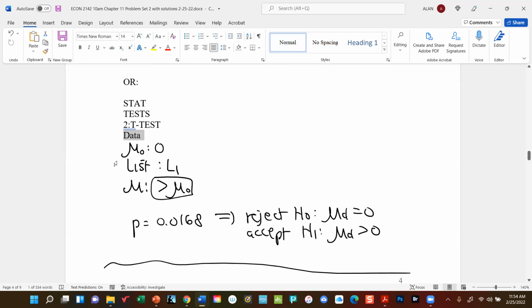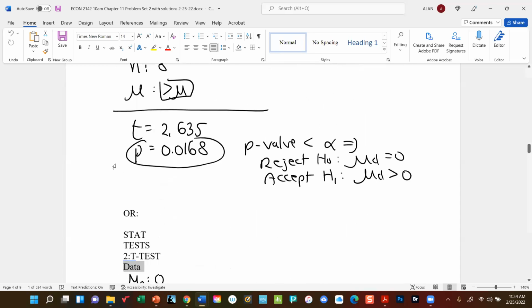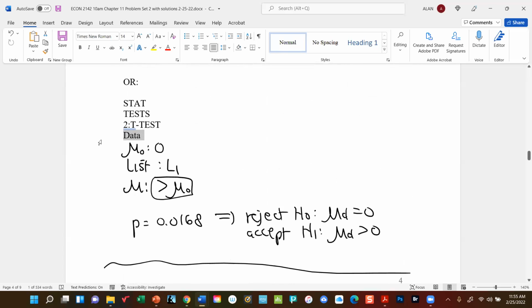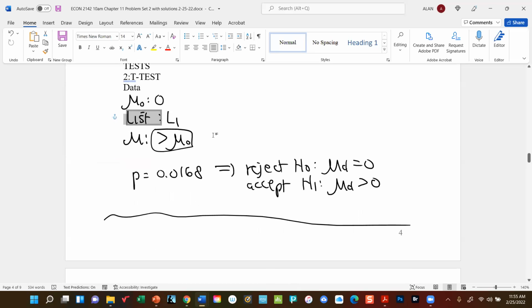Just make sure, because when you say data, you're telling it, I want to give you the actual data rather than these summary statistics. So that means all you have to do is, after you've entered your data into the list, you need stat test, t-test, data, tell it where your list is, and make sure it knows you're doing a right tail test. And you get the right answer.